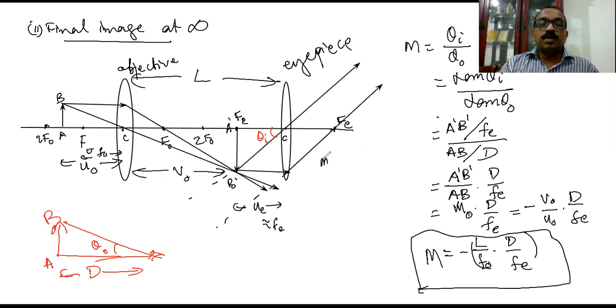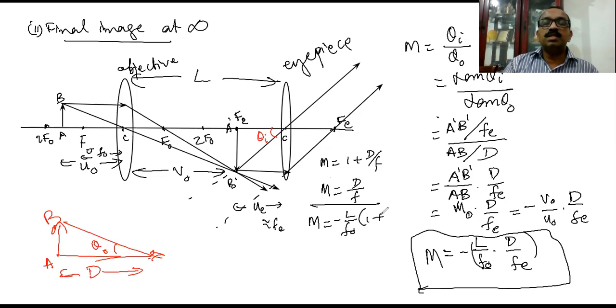If it is a simple microscope, M is 1 plus D by F if the final image is at the least distance for distinguishing. And for a simple microscope, if the final image is at infinity, it is D by F. In a compound microscope, magnifying power is minus L by FO into 1 plus D by FE if the final image is at the least distance for distinguishing. And if the final image is at infinity, this is the equation: L by FO into D by FE.